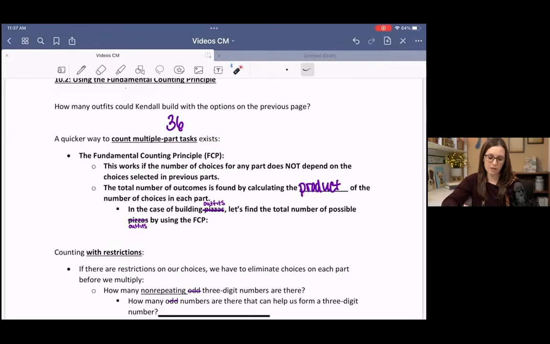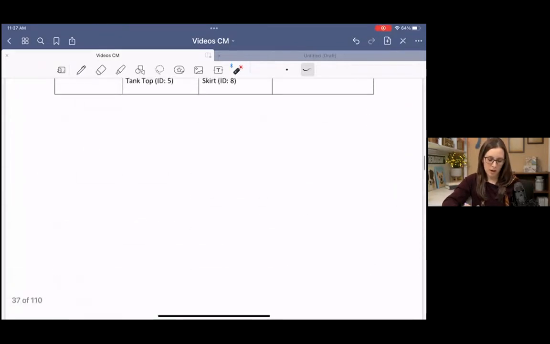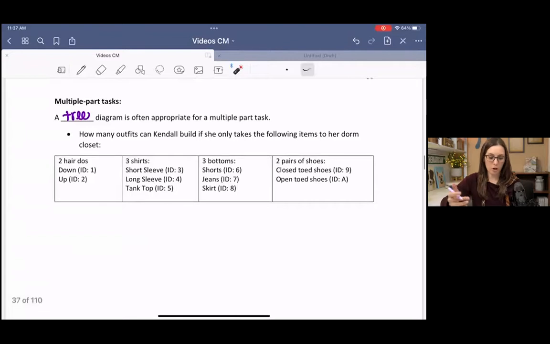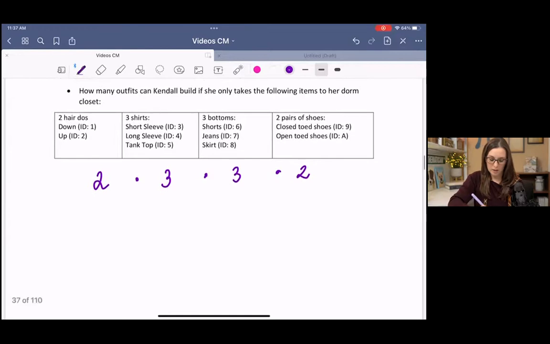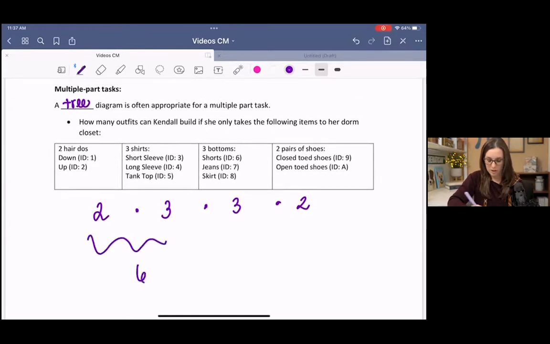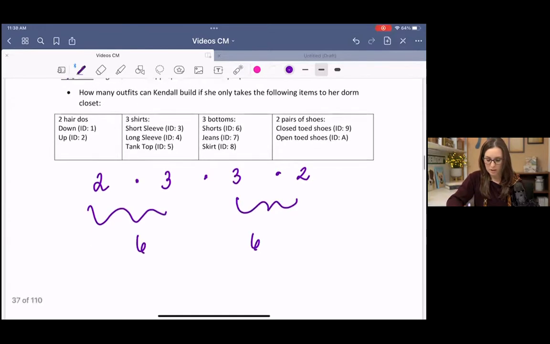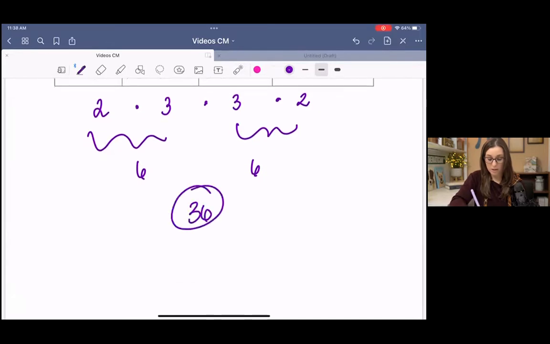But we did outfits. So if we go up here and we look at each part, in the first part, she had 2 choices. In the second part, she had 3 choices, and then 3, and then 2 again. Now, if we multiply all of those, we get 6 times 6, which is 36.